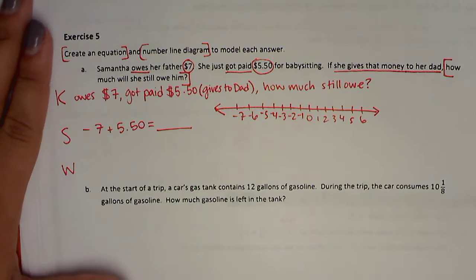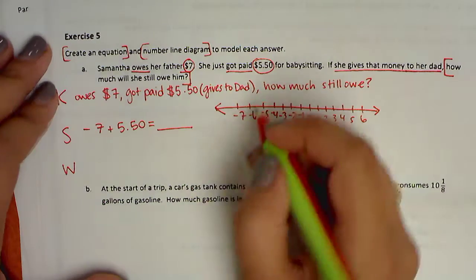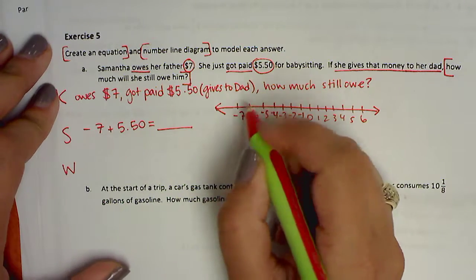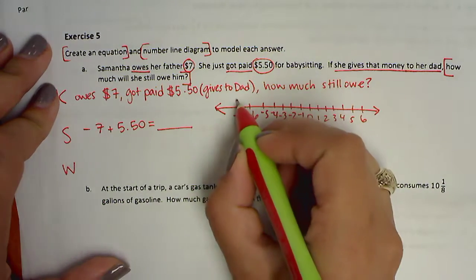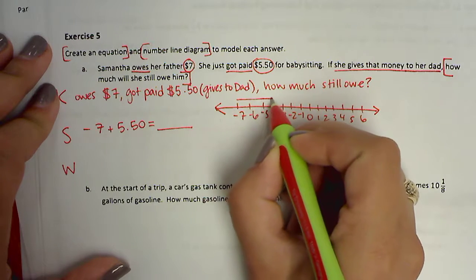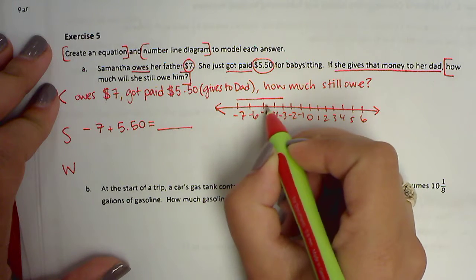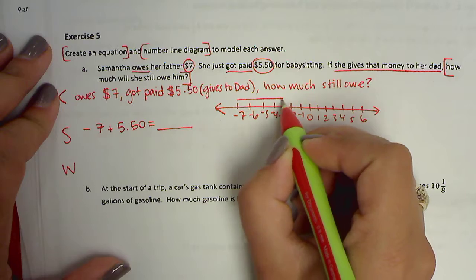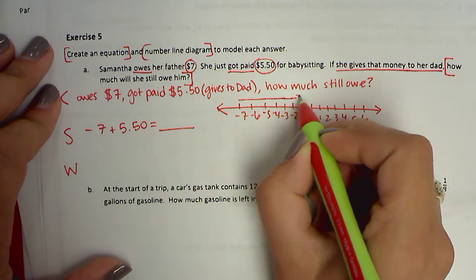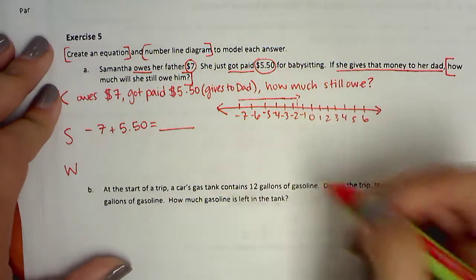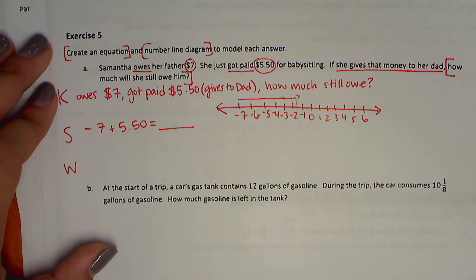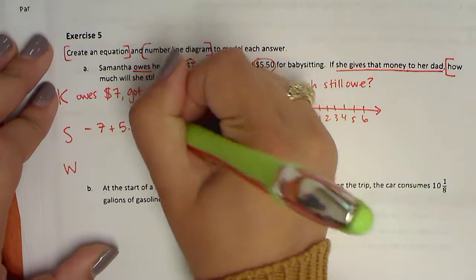Okay, just put some numbers on there that I know I'm going to need. I'm going to start at negative 7, and I'm going to go 5.5 to the right because it's positive. 1, 2, 3, 4. 1, 2, 3, 4. 5.5 lands me right here. In between negative 1 and negative 2 should be negative 1.5.